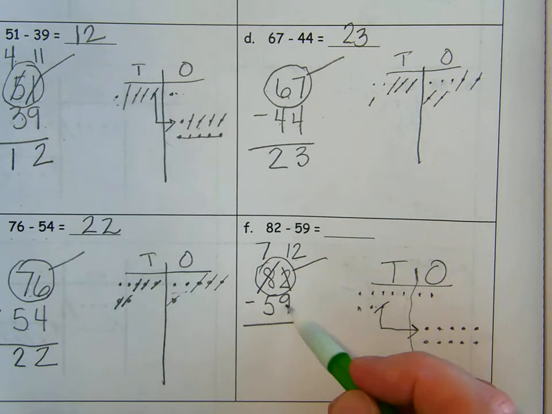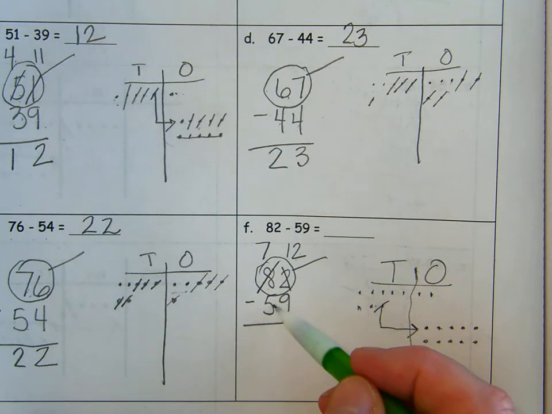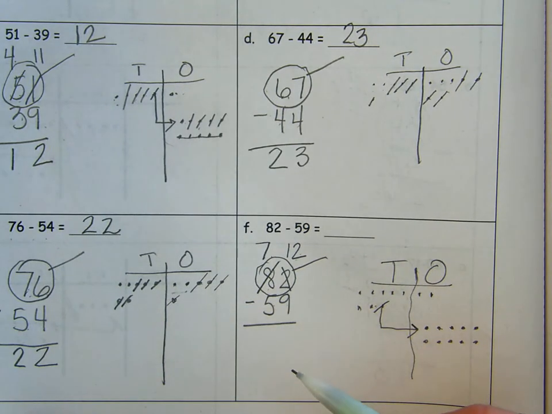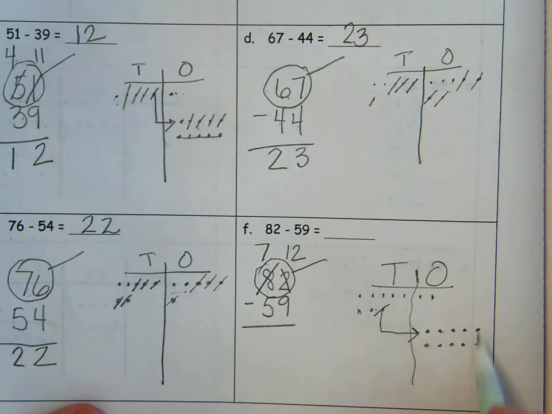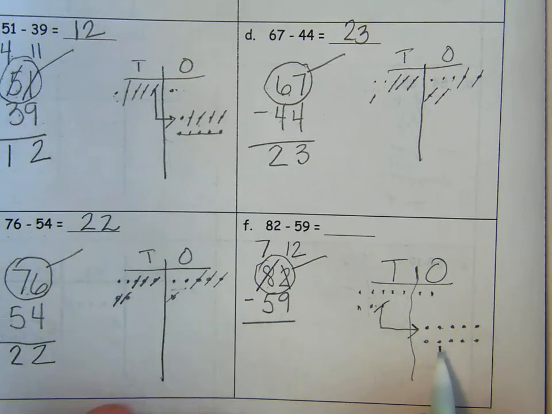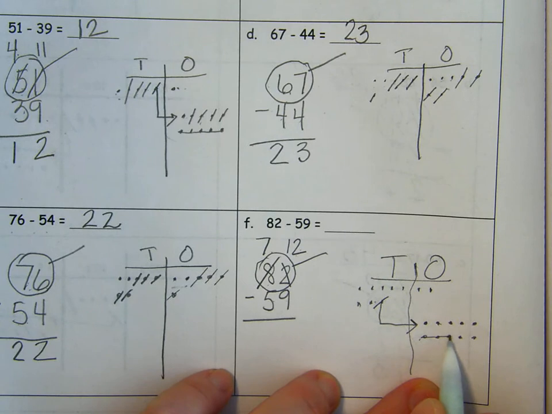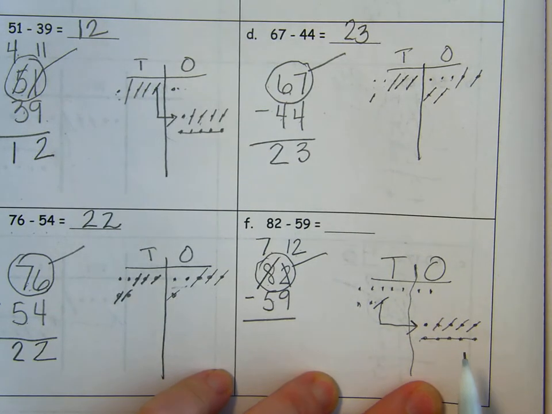So I can subtract 9 from 12. Can I take 5 from 7? All right, then we are ready to go. There are 12. I'm going to take away 9. So 5, 6, 7, 8, 9.